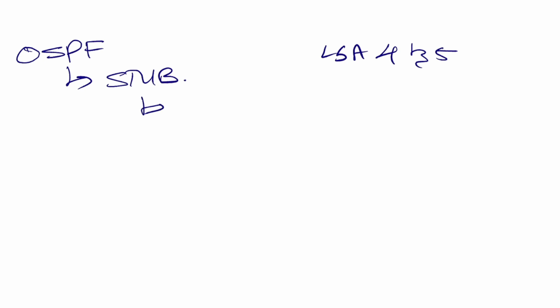From there, we're also gonna play around with the stub, but with the additional flag of no summary. No summary suppresses LSA type 3s, as the name suggests. It's a summary LSA. All of this is done between areas.